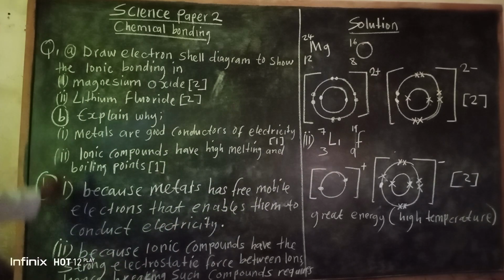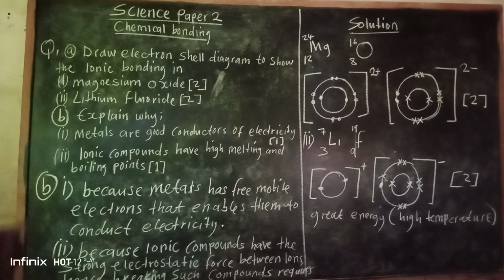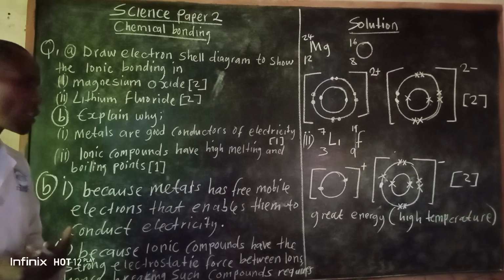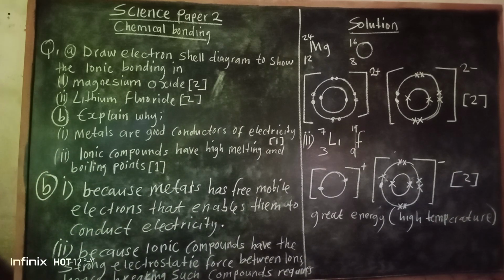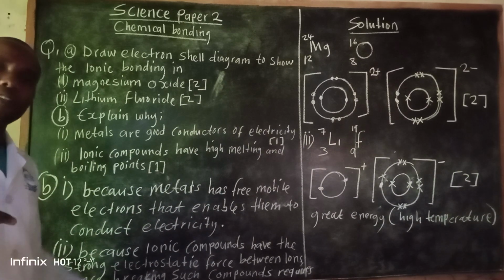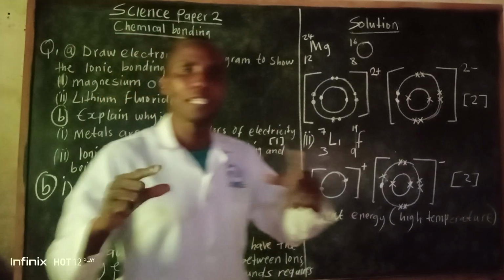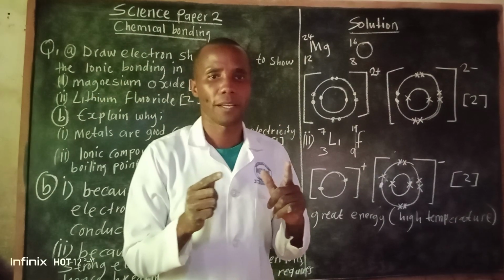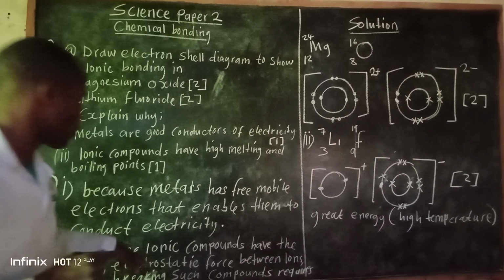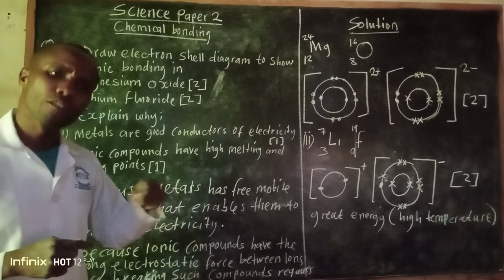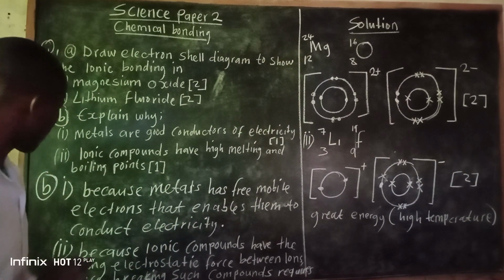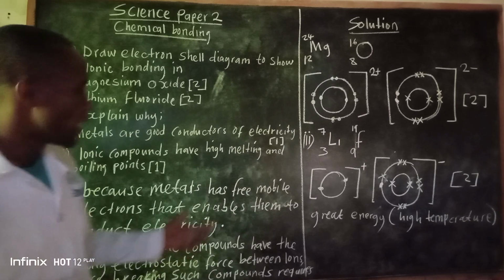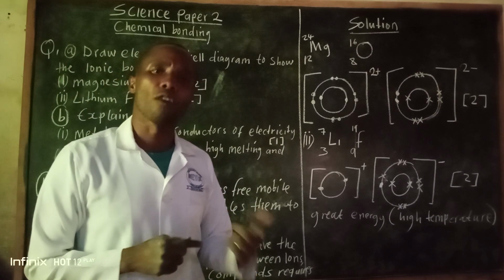So the reason why ionic compounds have high boiling and melting points is because of the force in between the ions. The electrostatic force is very strong. It is so strong that it requires great energy to be broken.